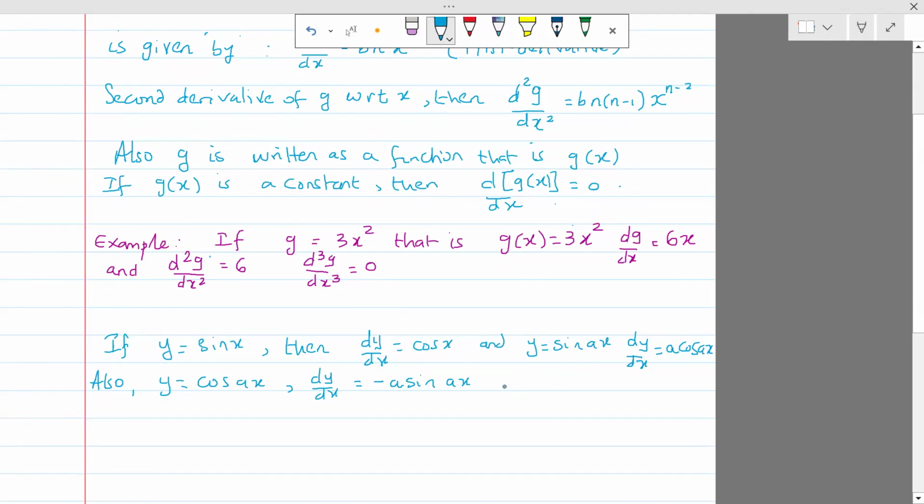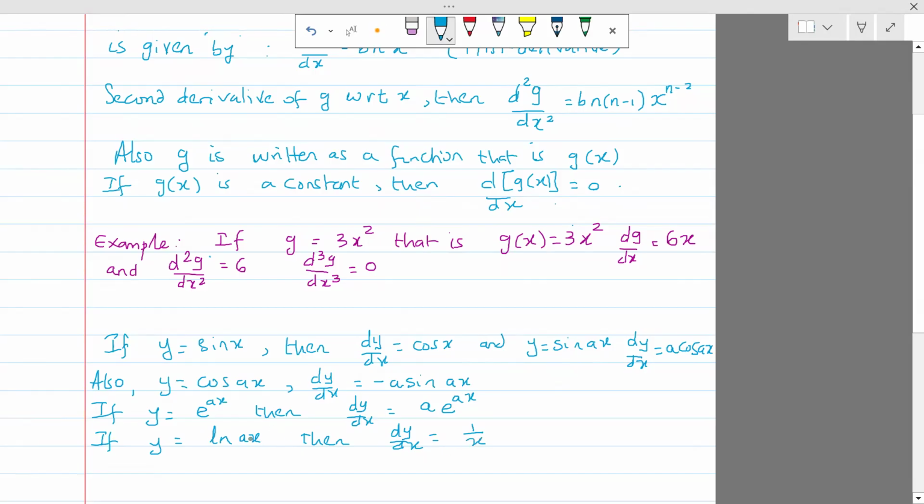You should know this. For an exponential function, if y is e power ax, then dy by dx, I'm going to take the a and bring it in the front, and I write e power ax. If y becomes ln ax, which is a logarithmic function, then dy by dx becomes 1 over x.